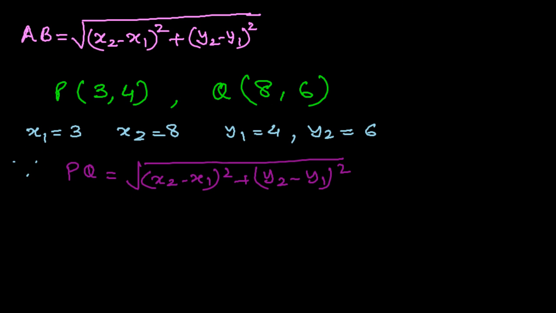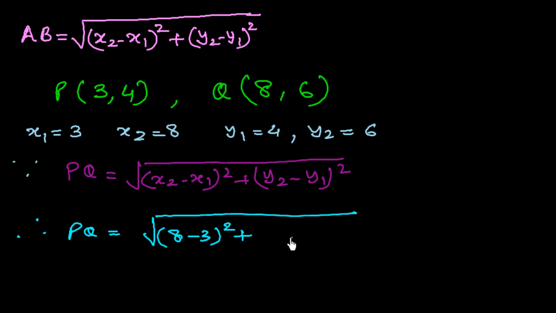Therefore PQ is equal to square root of (8 minus 3) whole square plus (6 minus 4) whole square.